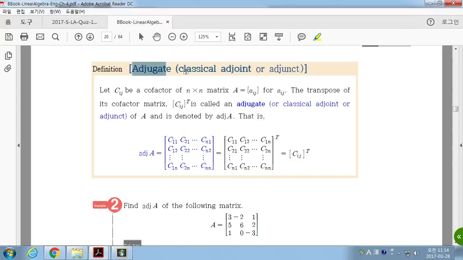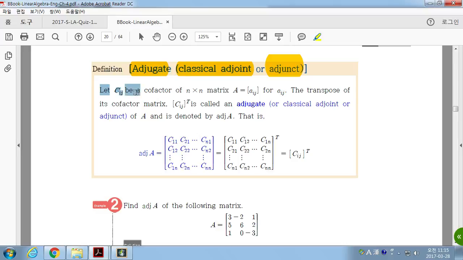Adjugate. This is called the classical adjoint or adjunct. Some books just call this adjoint, but later in linear algebra, adjoint is used in other meanings, like self-adjoint. So it should be called the classical adjoint, or you should call it adjugate.